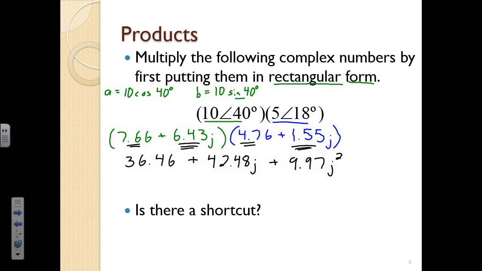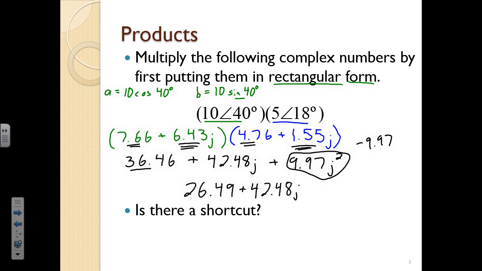But as you well know, j squared is -1, so this last term becomes -9.97, which we can combine with the real part of 36.46. And that leaves us with a real part of 26.49. The imaginary part is the sum of the O and I terms, so that's plus 42.48j. So 26.49 plus 42.48j.